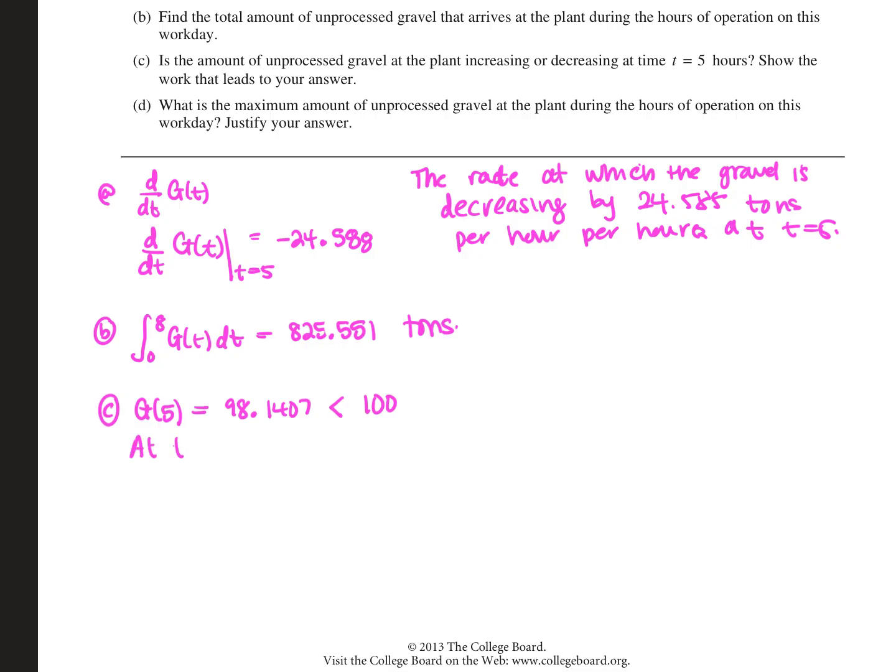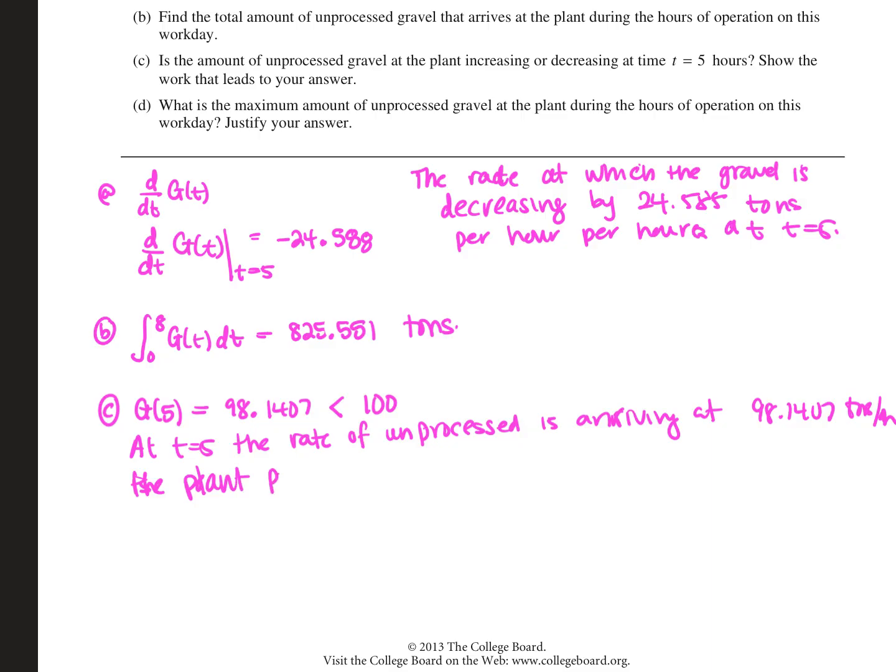So at time equals 5, the rate of unprocessed gravel is arriving at 98.140 tons per hour, which at this point is less than it takes to process it. The plant processes more per hour than that. So the amount is decreasing.